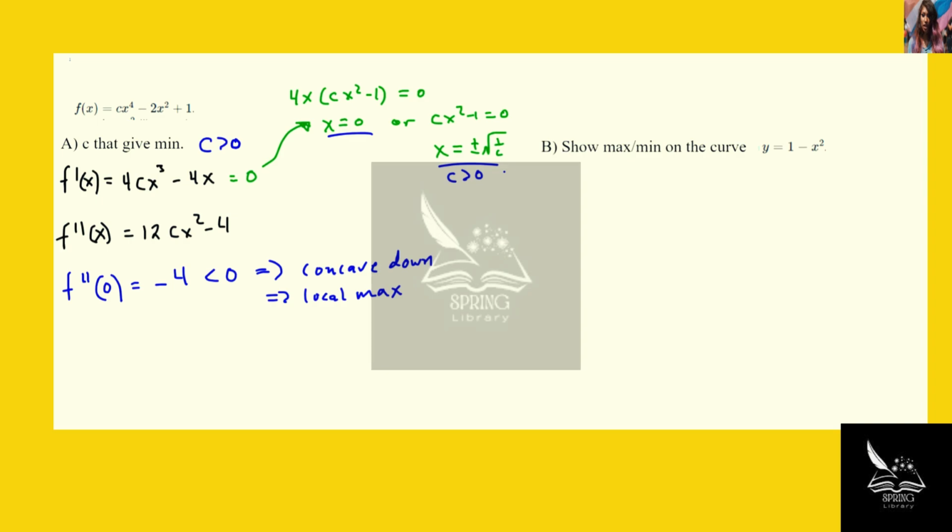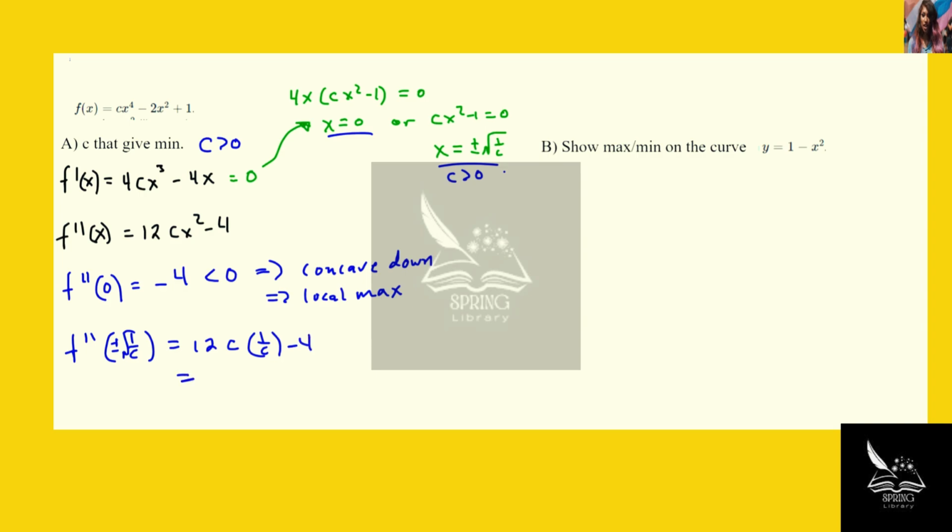Now let's look at the other value. This will give the same value with the plus or the minus, since we only have x squared, and the square gets rid of the plus and the minus essentially. So I'm just going to plug this in and solve it once. We have 12 times c, and then if we square plus or minus 1 over the square root of c, that's just going to be 1 over c, minus 4.